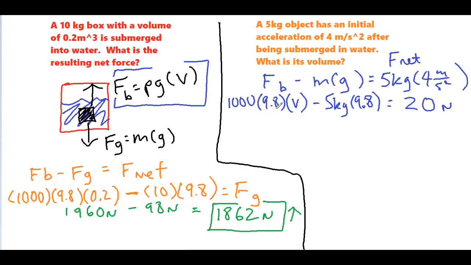So what we can do is go ahead and simplify the look of our problem a little bit. 1,000 times 9.8 is 980, as our coefficient in front of the v. And then we have 5 times 9.8, which is 49. Let's go ahead and add that 49 to both sides.